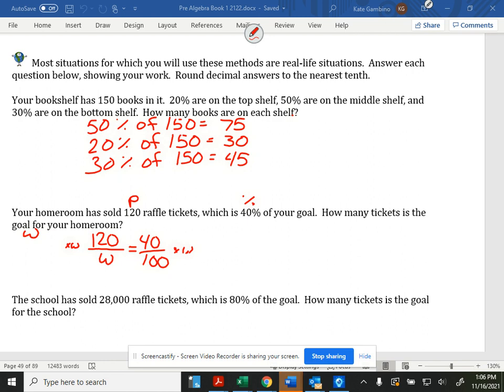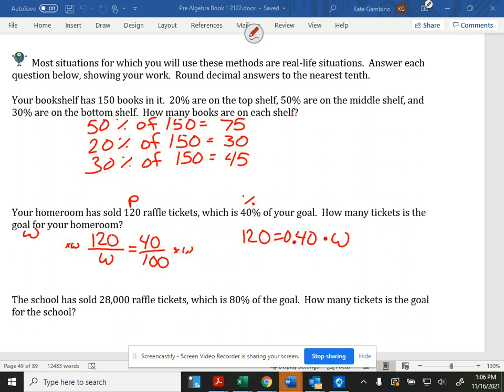How would I set it up if I was doing the equation? Chase? You do 120 equals 40% times this one. Which one looks easier? Doing the proportion or the equation?